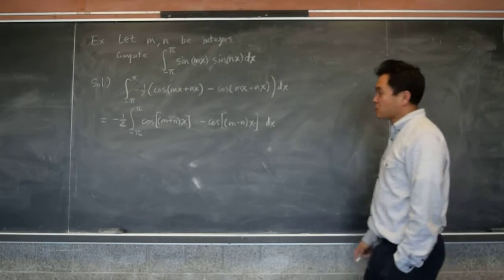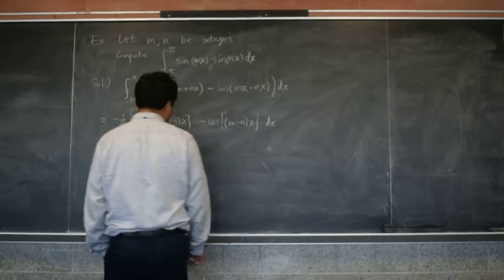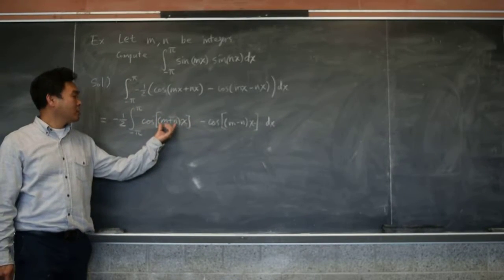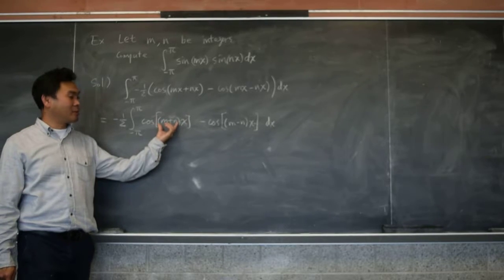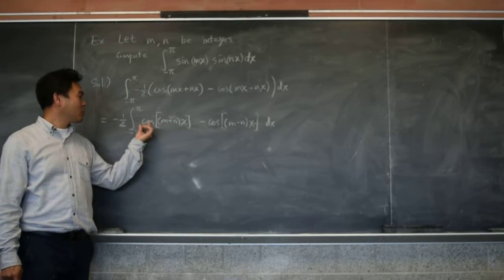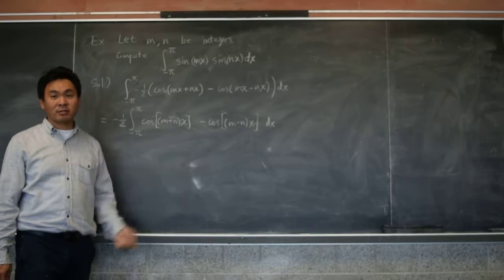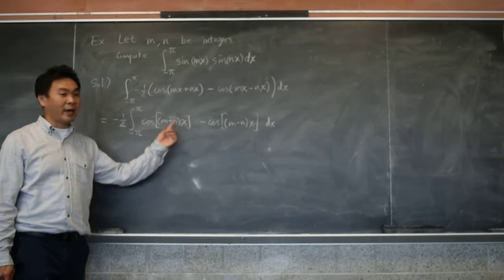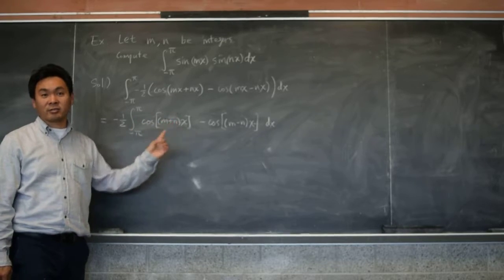Although this looks very complicated, just remember that m and n are some numbers. So just think about m plus n as something like a. What's the integral of cosine ax?